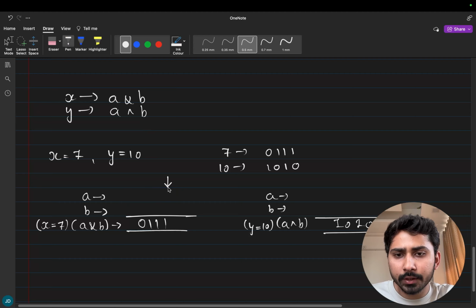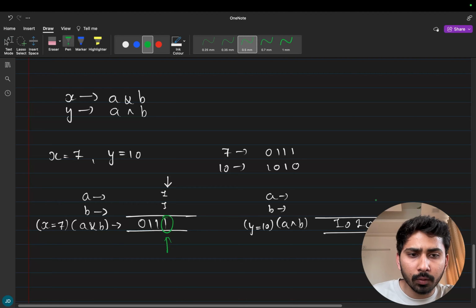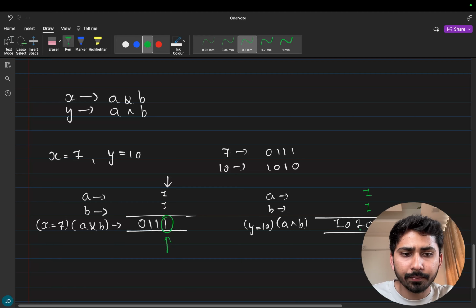So starting with this position, tell me what bit should be there at this position in A and B. You'll be saying both the bits should be set bits. Then and only then you will be getting 1, or let's say a set bit at this ith position. But if you keep both the bits set at this position, what will happen in the XOR operation?